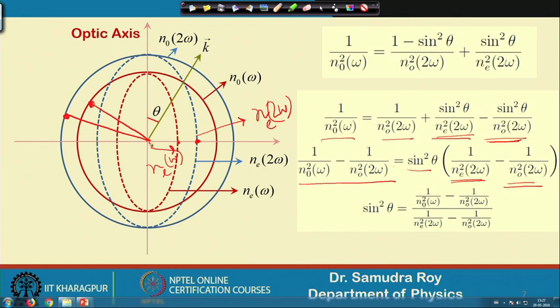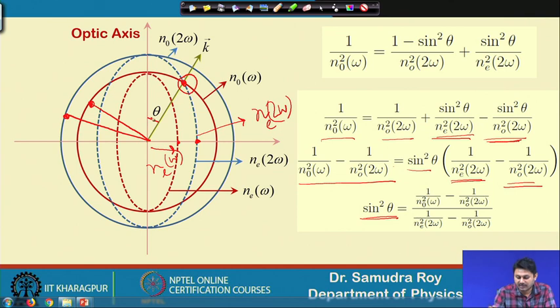So, all these values one can find out with this index structure. Mind it is a function of lambda. So, omega is a fixed value here, for different omega we will have different structures. But the important thing is that if these values are provided, then we can readily find out the angle at which this condition is valid.